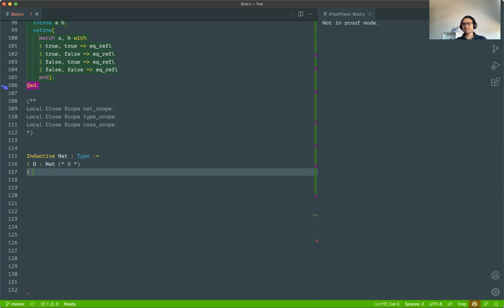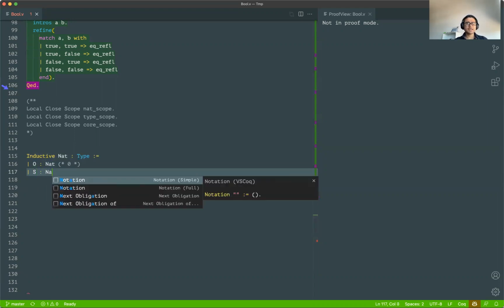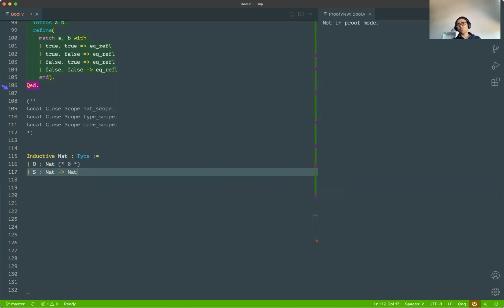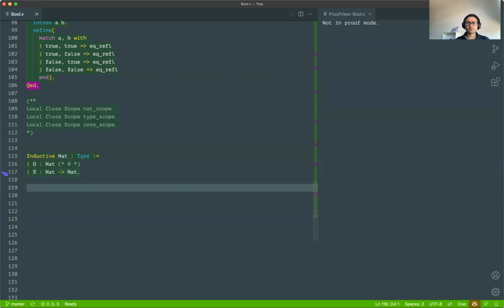And now the next constructor, I'm going to say S, which takes a natural number and returns a natural number. So what does this constructor symbolize? Well, this one says that if you give me a natural number, then I will give you the next natural number. So let me demonstrate what I mean.